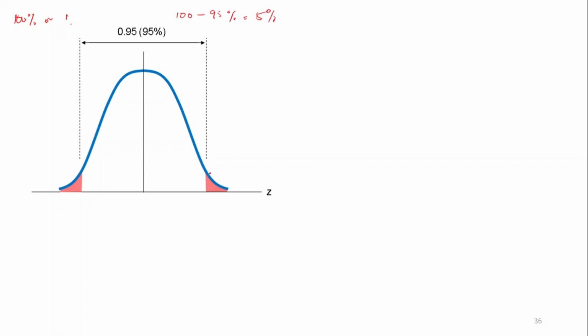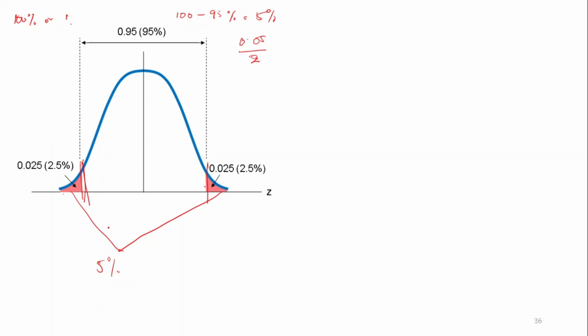The 5% is split between the two tails. If you consider one tail only, you need to divide 0.05 by 2, so you get 0.025. 0.025 is the probability for the left tail and also the right tail. If you total up these two tails, you get 5%.